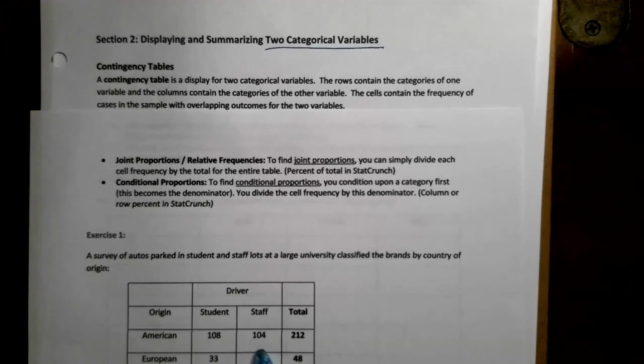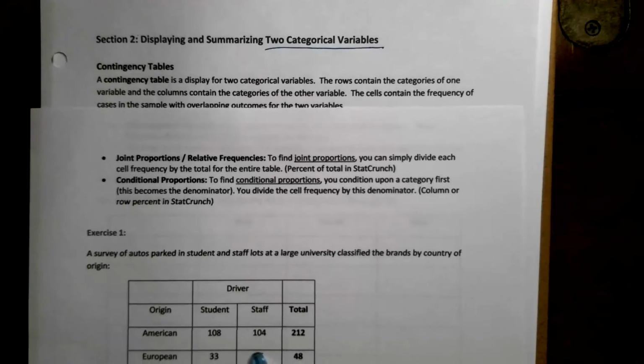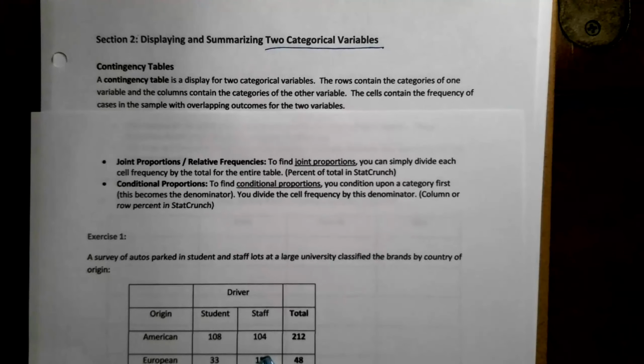If we look at this cell, 15, that represents the frequency of the cars that are both European and driven by a staff member. So that's what it means, that it's overlapping outcomes for both variables.